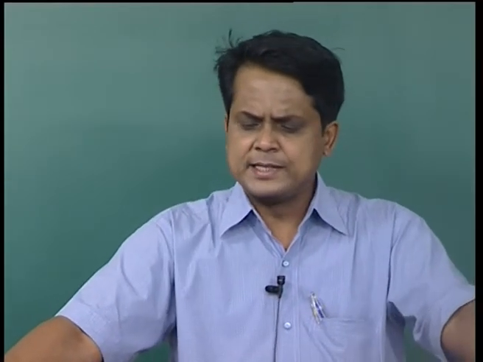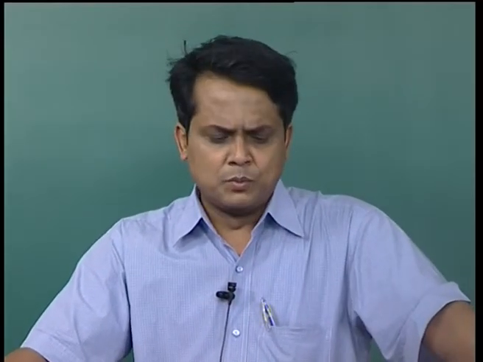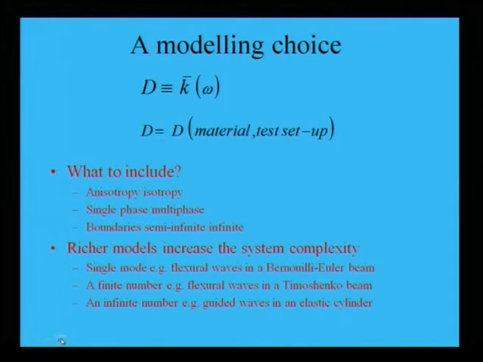Richer models increase the system complexity. The more model parameters you take into consideration, the more complex the system will become. That means a single mode, that is flexural waves in a Bernoulli Euler beam, a finite number of flexural waves in a Timoshenko beam, an infinite number of guided waves in an elastic cylinder.